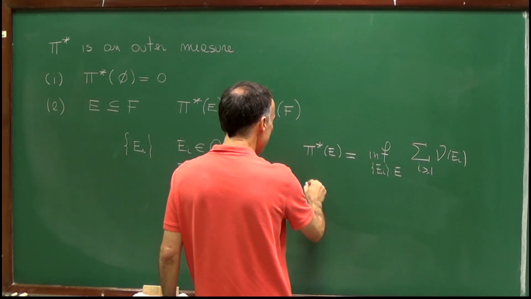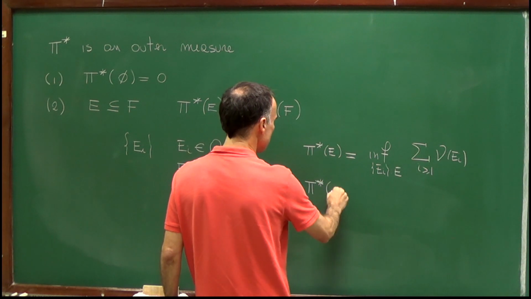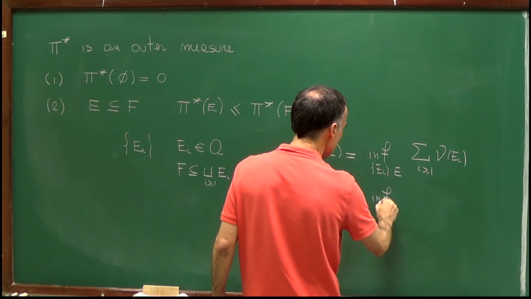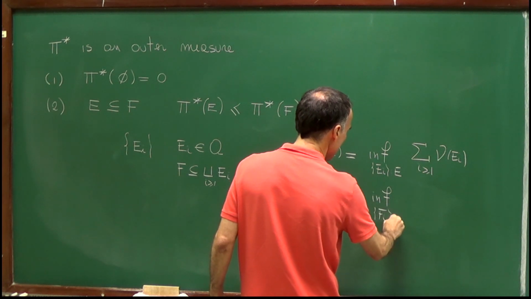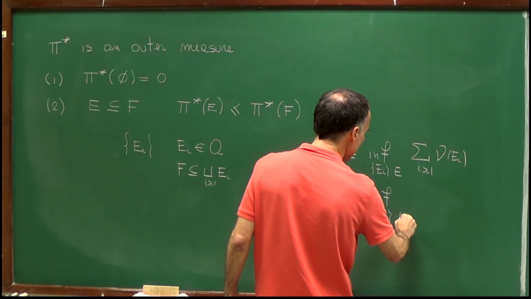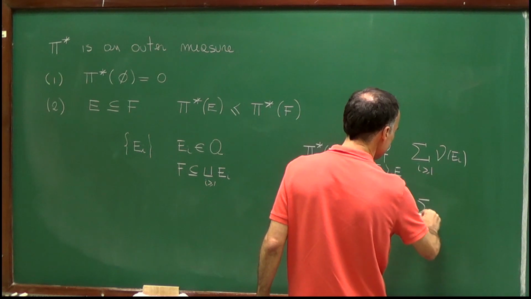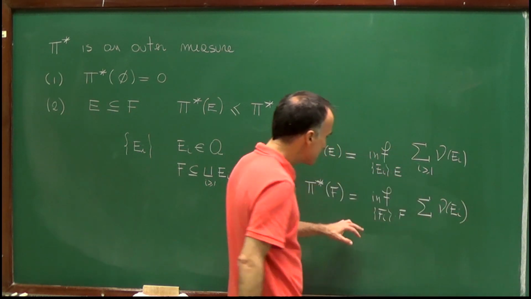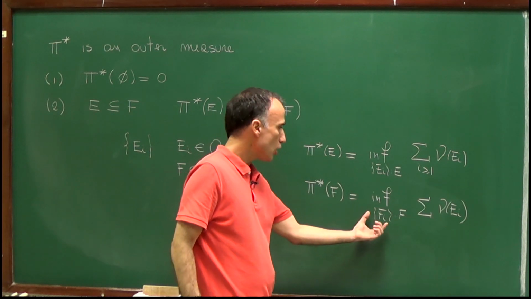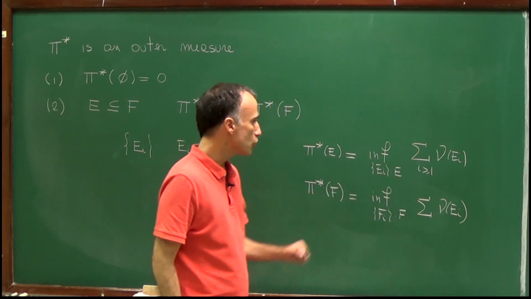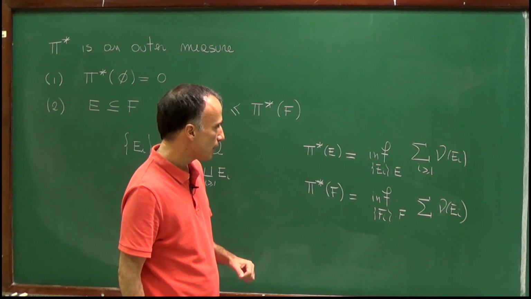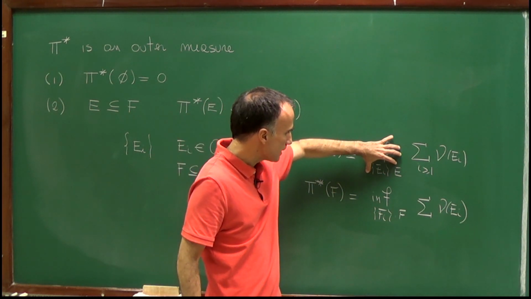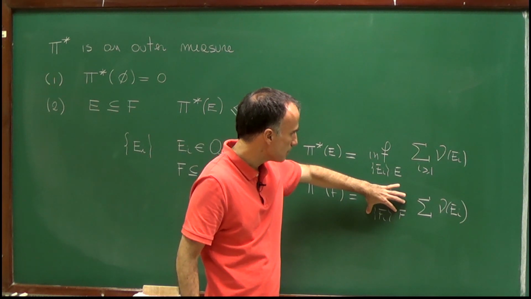While when defining P star of F, I'm taking all coverings of the set F. But since any covering of F is also a covering of E, the class of coverings here is larger than this class.